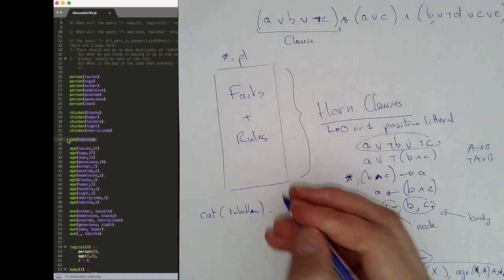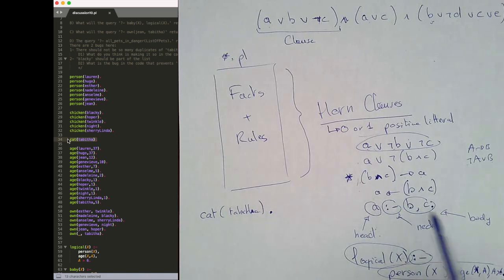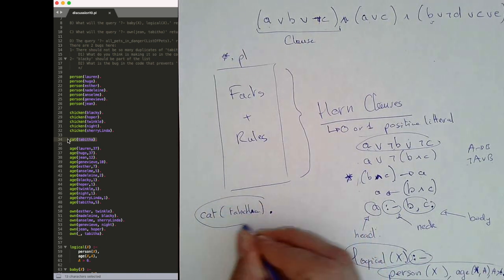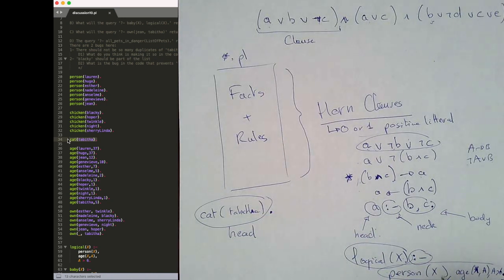You still have the dot at the end, very important to separate it from other clauses. That's what a fact is. You're just saying Tabitha is a cat. That's a fact, so it distinguishes it from the rules. Again, this is the head, and there is no body.